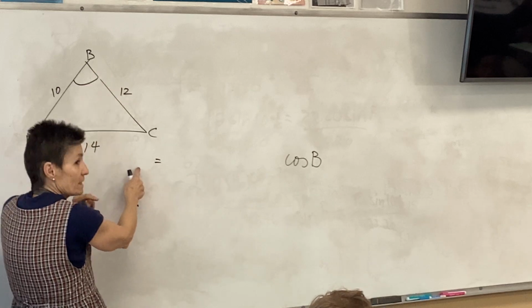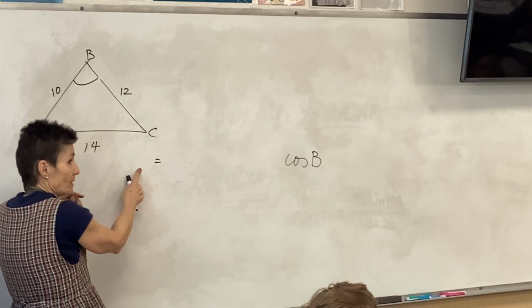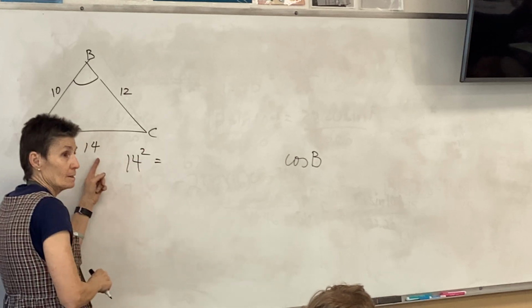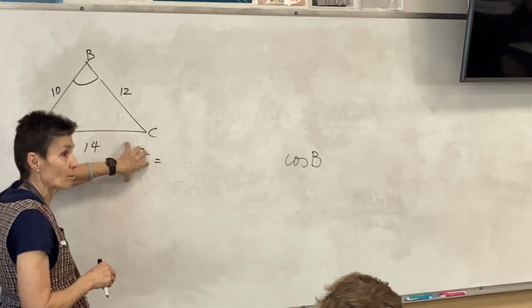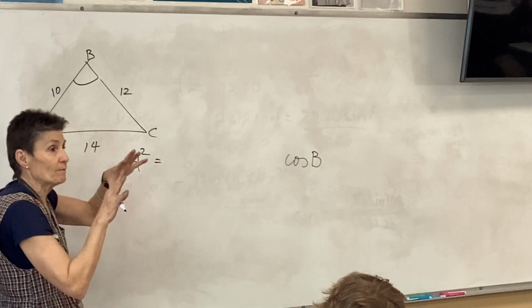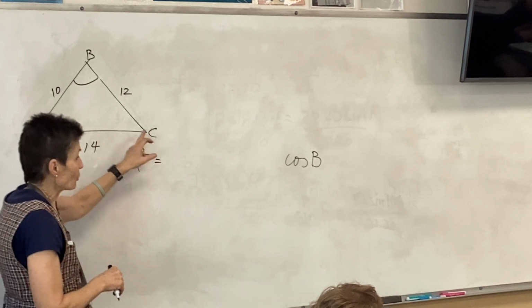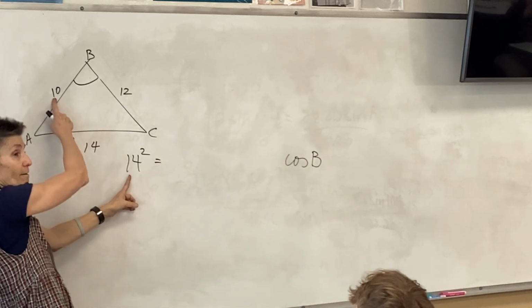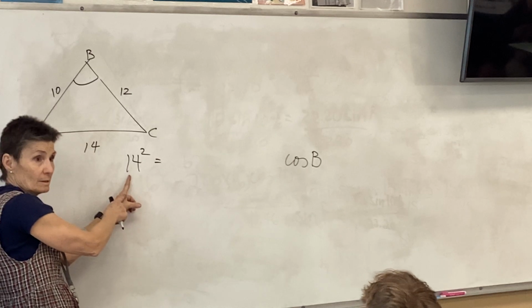What's gonna be over here then? If I put cosine B, then this is gonna be 14 squared, because whatever angle I'm using, that's the thing that's here by itself. So if you decided, no, I don't want B, I want C, you would put cosine C, but then here you would have 10 squared, right?